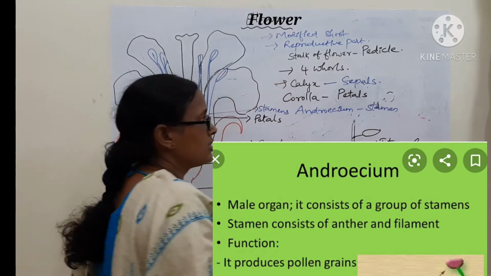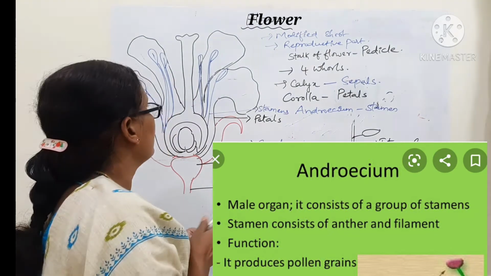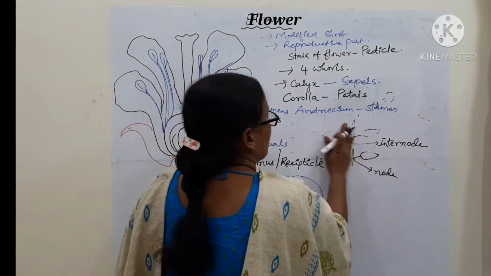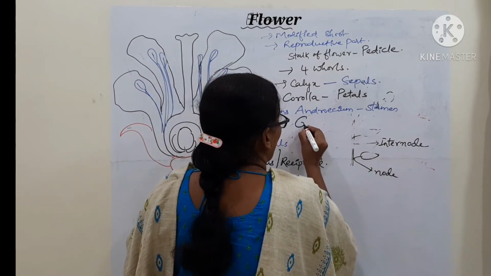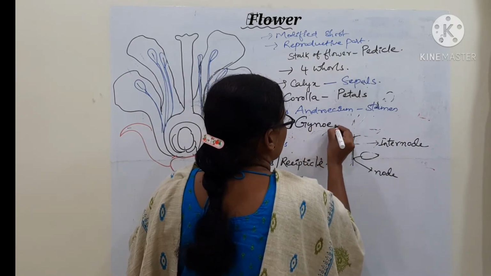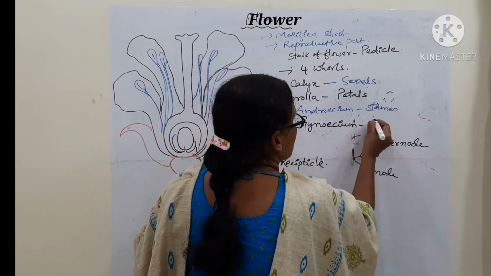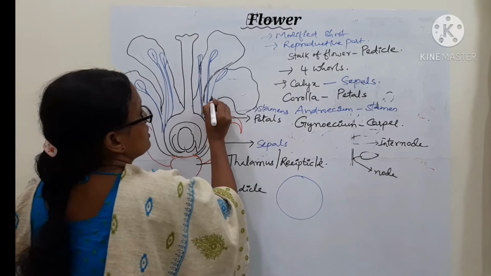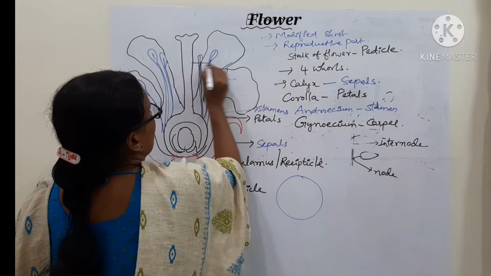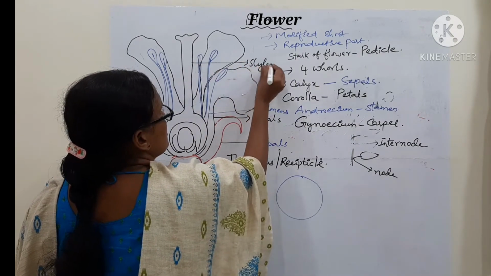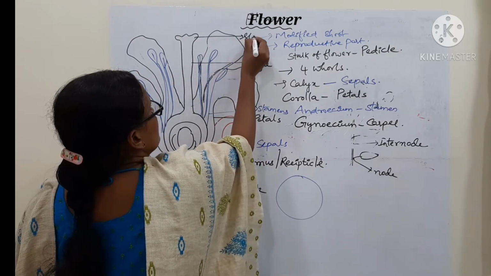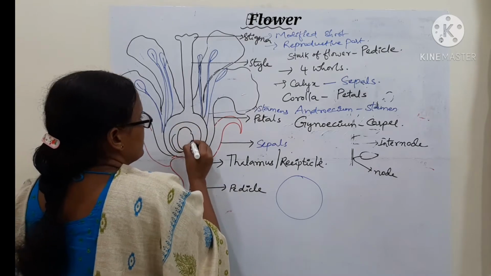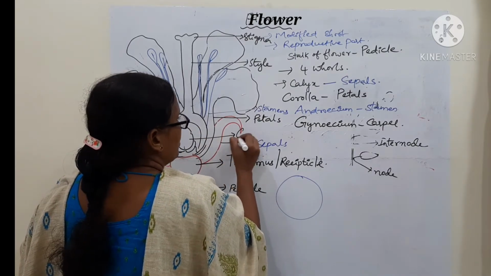The next whorl is called the gynoecium, or carpel. This is the stamen, and this is the style and stigma, where the pollen grains are received. This is the gynoecium.